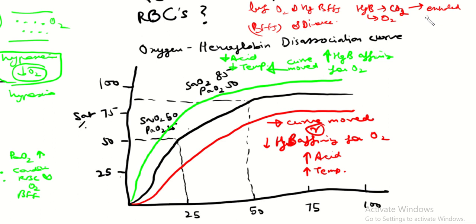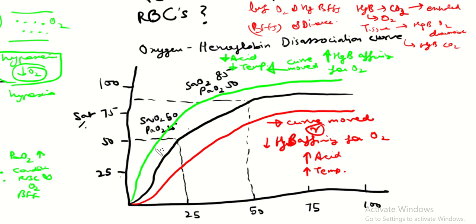I can get rid of some of that acid. On the tissue level, what you want is for hemoglobin and O2 to dissociate so that hemoglobin is now single and can pick up CO2 and take it to the lungs. That's what you want.